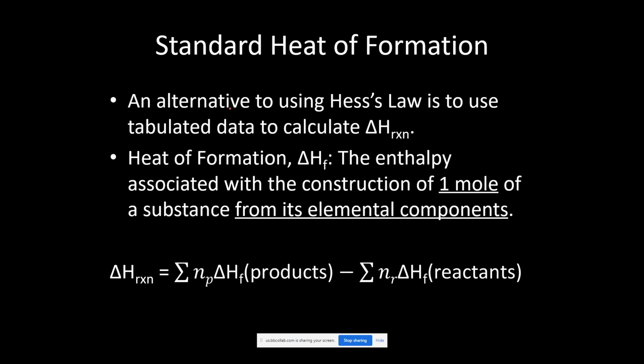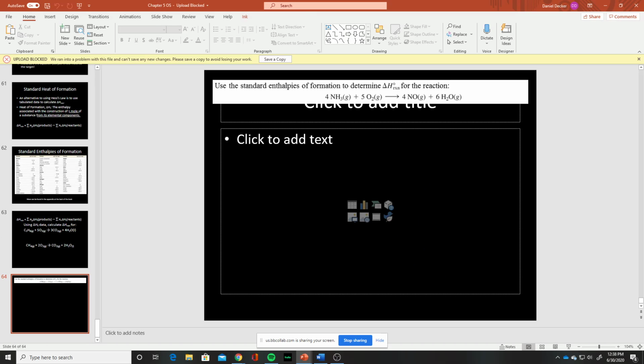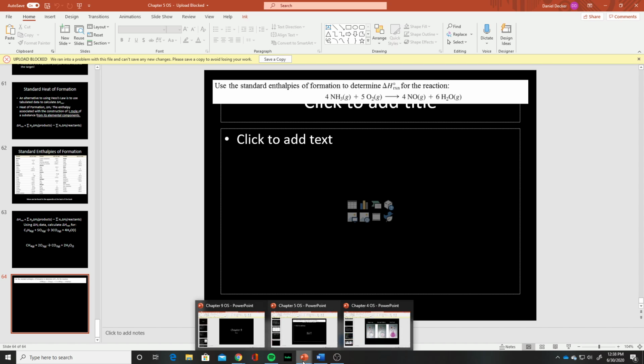You'll be expected to have the book handy, or the PDF of the book handy, so that you can look up those numbers and plug them into the equation here, the sum of the products minus the sum of the reactants. And you will be doing that on the exam, so make sure you know how to do that. And that is the end of Chapter 5.